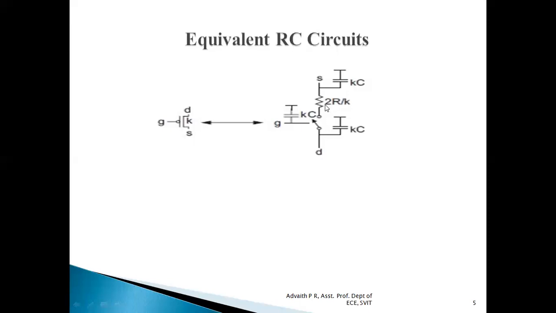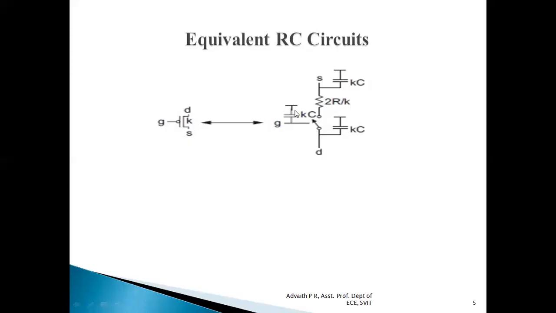As I already told you, the resistance of a PMOS is normally equivalent to 2R to 3R. Hence, we consider 2R divided by K, where K is the width. We have three capacitances: gate capacitance, drain capacitance, and source capacitance.